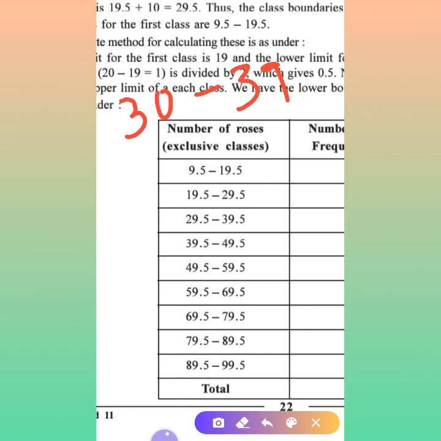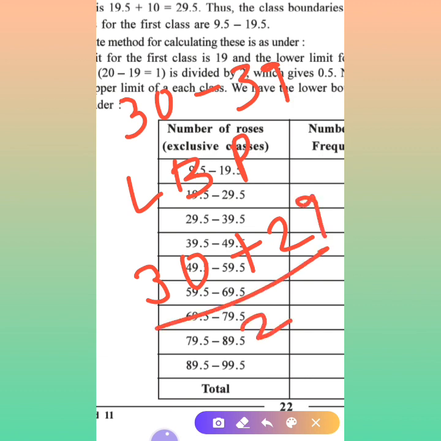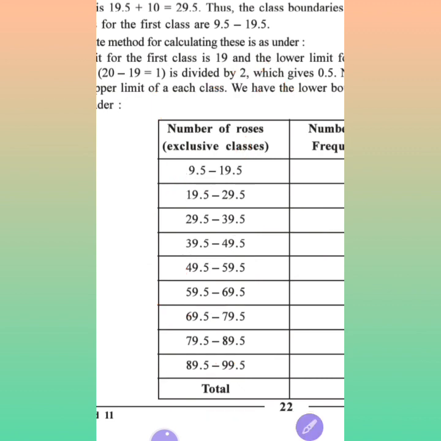Our lower boundary point will be 30 plus 29, whole divided by 2, and that will give us 29.5, and this 29.5 is the lower boundary point of the given class.